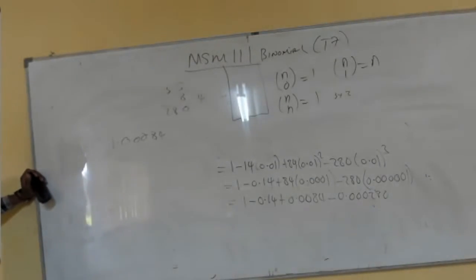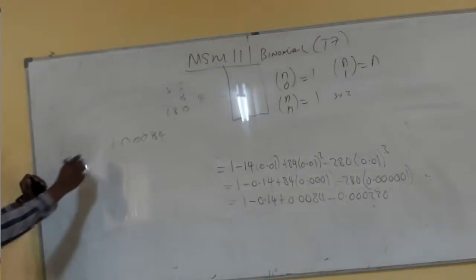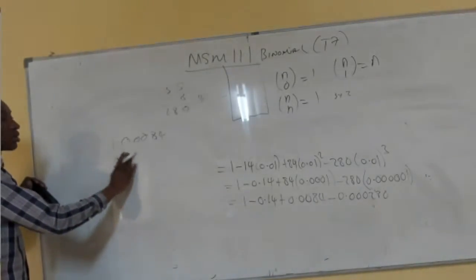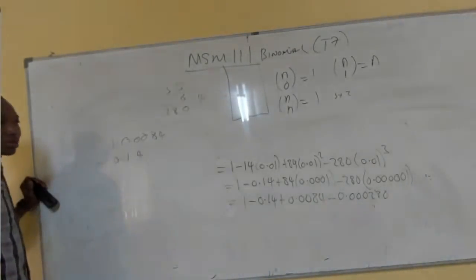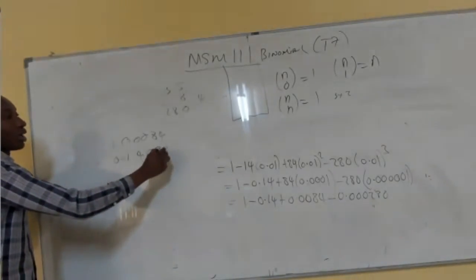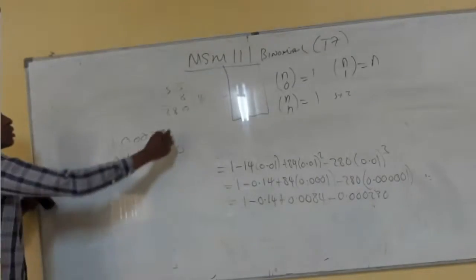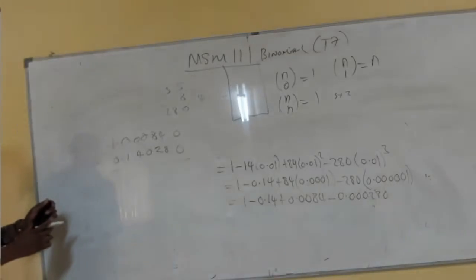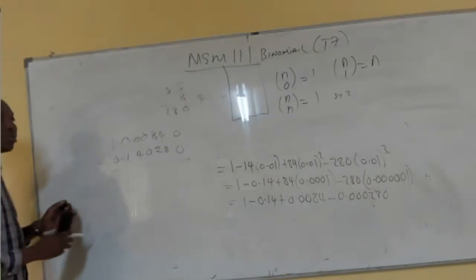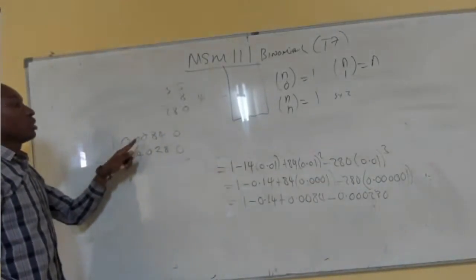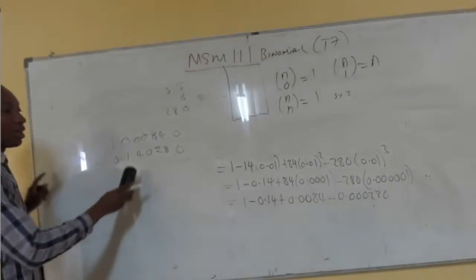Then the negative part we have minus 0.140280. Okay, so this is the negative part which you have. I've simply added this one and this one to get 1.00084.